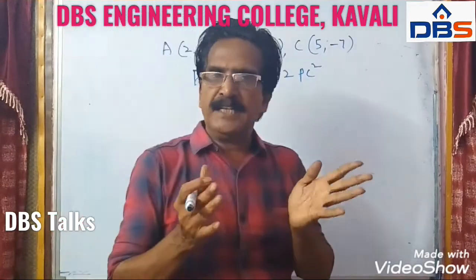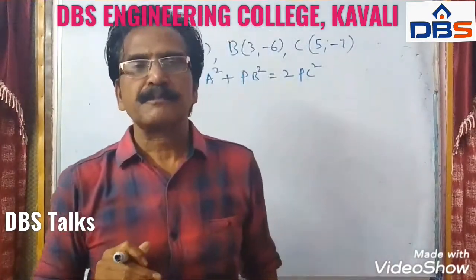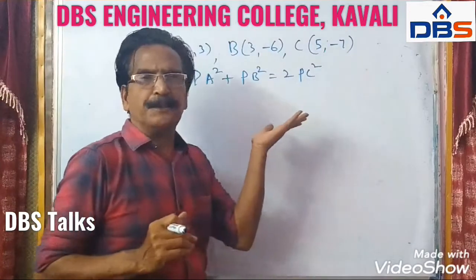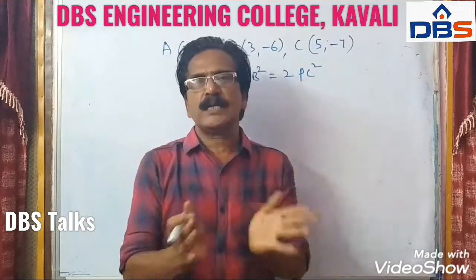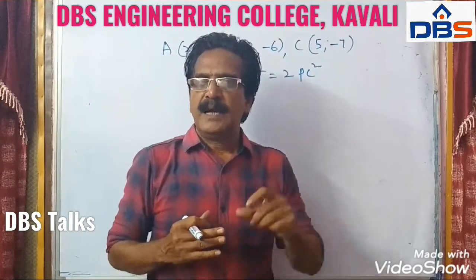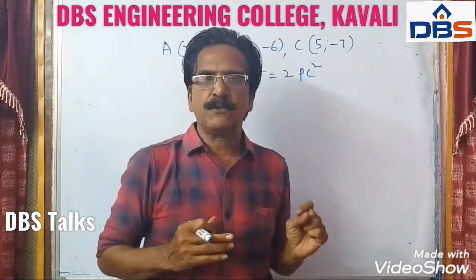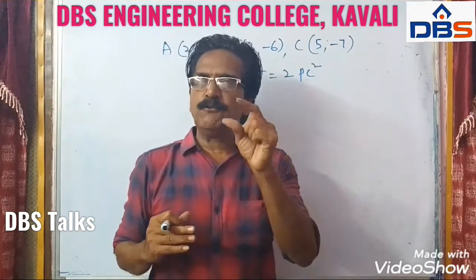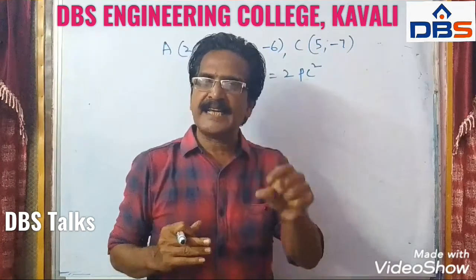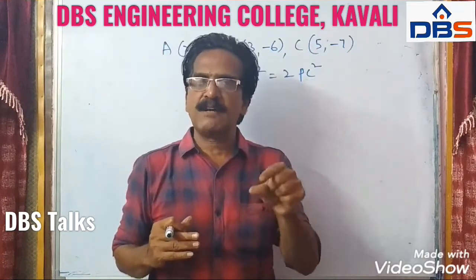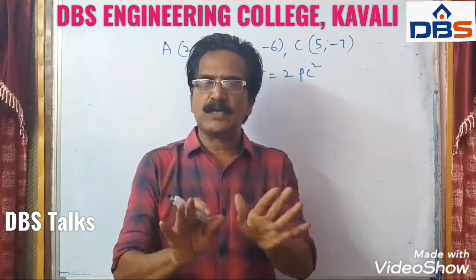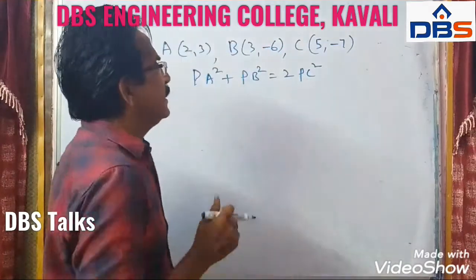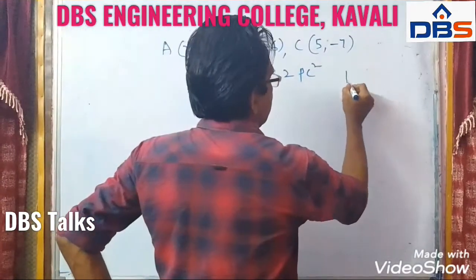So we have to find the locus of P. Very simple problem. We have to find the locus of P, and four options are given. We have to find the point which lies on the locus of P. So first thing is we have to find the locus of P. Say P(x, y).